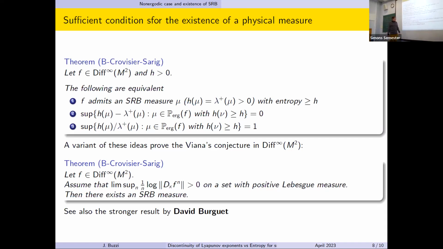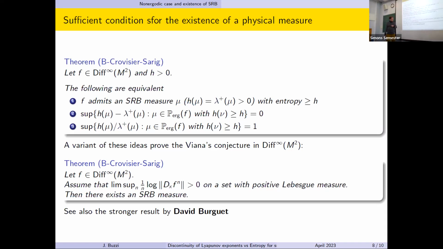What he shows is that the basin of this SRB measure covers the set here, which is a natural thing. But for this, he needs a more geometrical study of what happens. There are always similarities also.